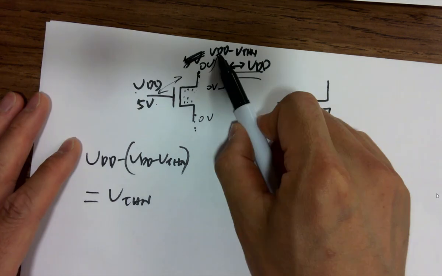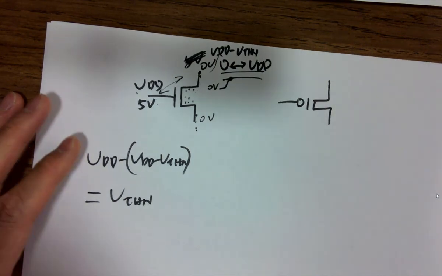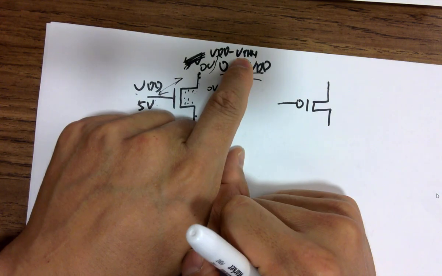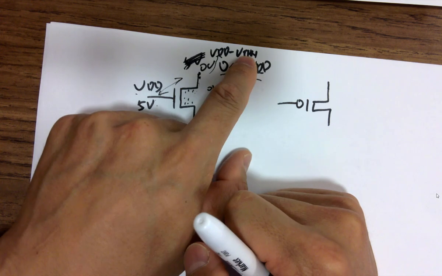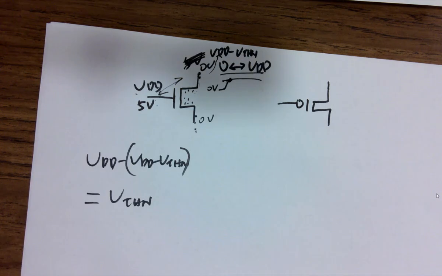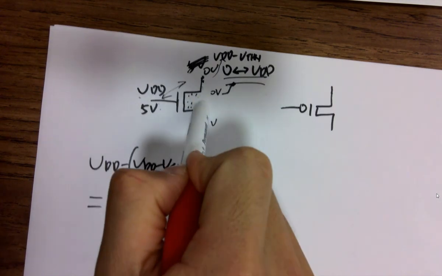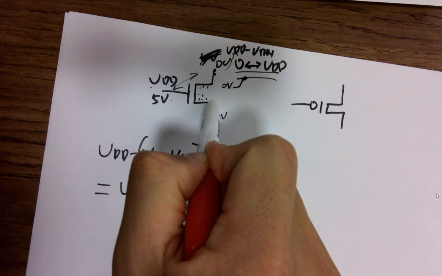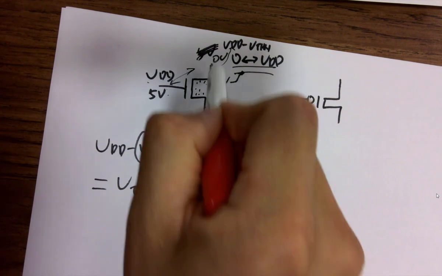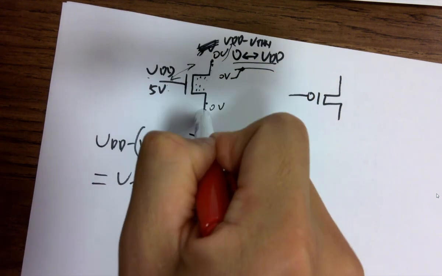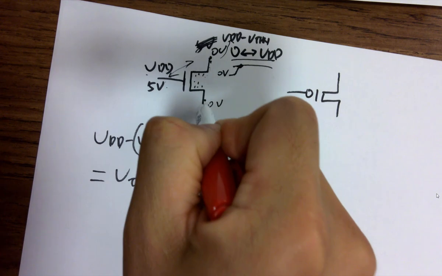If this keeps going up after this value, because this is just 0.8 volts from 5 volts, it's like 4.2 volts, right? It keeps going up until it reaches 4.2 volts. If it keeps going up to like 4.3 volts, 4.5 volts, this will be shut off. And you are not getting anything over here. So whatever the voltage over here, it won't be able to pass through the NMOS.